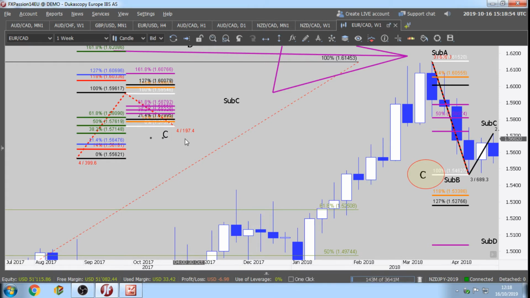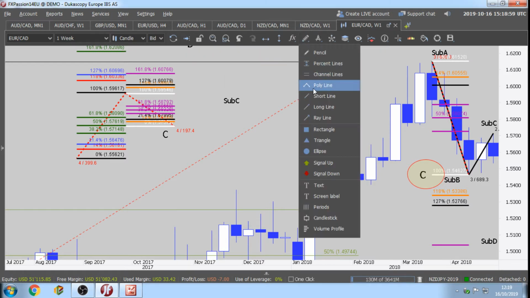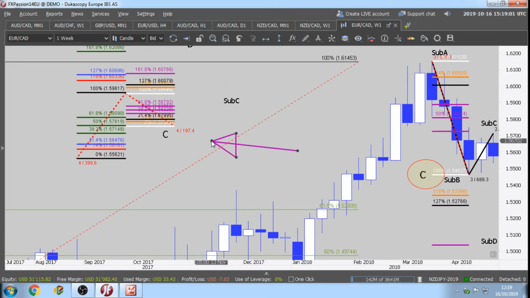What is the C? I'm going to delete the arrow. The C is the lowest point inside the AB boundary after the B before the market hits the appropriate D extension.